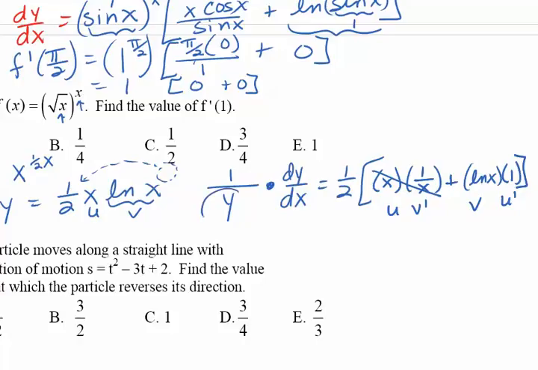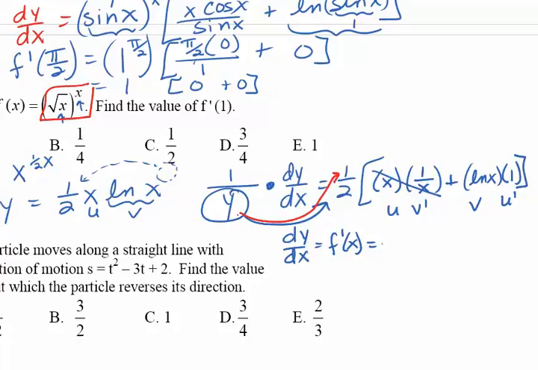And we need to move this y to the other side. So dy dx, or if you prefer, f prime of x. And our y term, when I move the y, when I multiply y on the other side, I can put it back the way it was originally. So when I multiply this y term, I'm going to put it right here with this coefficient.